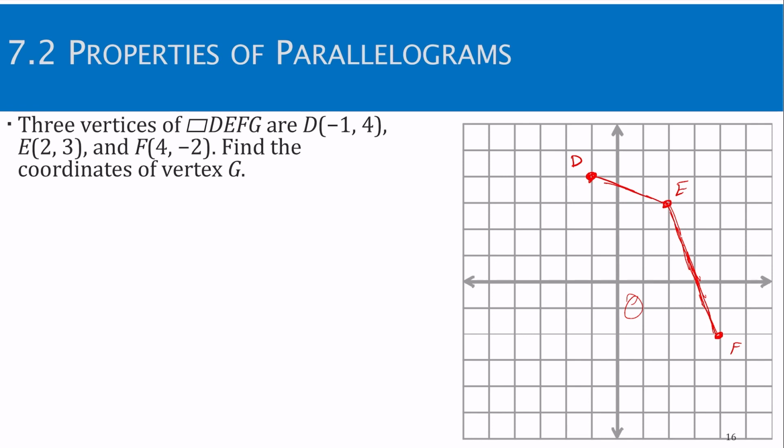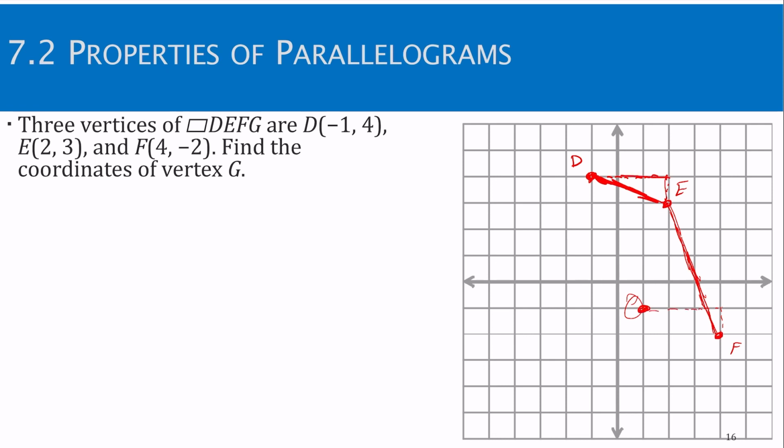But remember, it's a parallelogram, which means the opposite sides are parallel, but also that the opposite sides are congruent. So the top, to go from E to D, we go up 1 and over 3. So from F to the other point, I'm going to do the same thing. We'll go up 1 over 3.